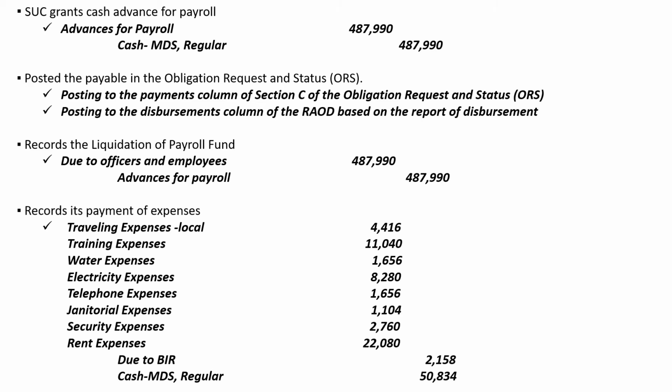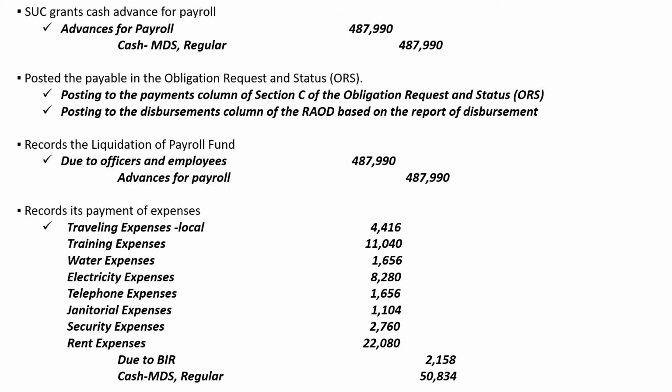Next transaction, posted the payable in the ORS. No journal entry, but rather posting to the payment column of section C of the ORS and posting to the disbursement column of the RAOD, based on the report of disbursement. So RAOD PS, you record under the disbursements the 487,990.